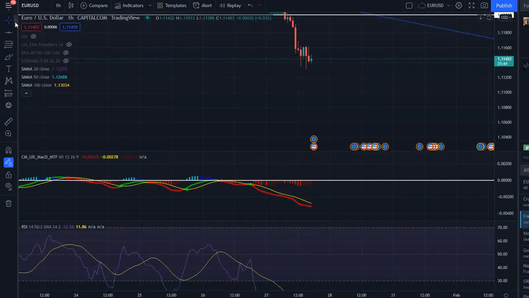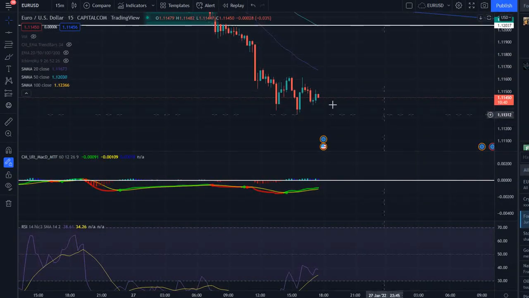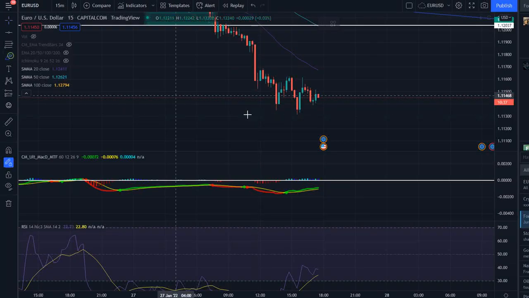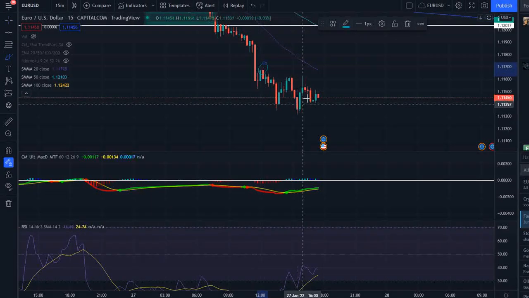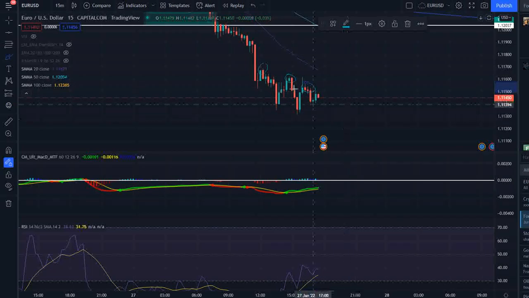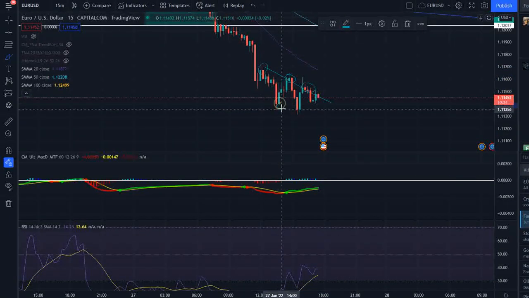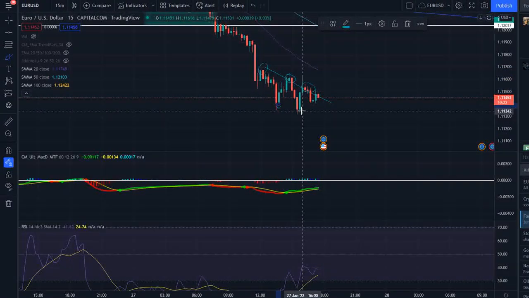Okay, now if we drop down to the 15-minute level, let's take a look at what's happening. On the 15-minute level, we are having a higher high, a lower high, and here we go. As you can see, it is going down. It is indeed going down there. Here we have a lower low, an even lower low.